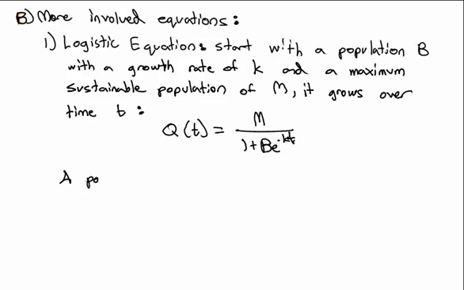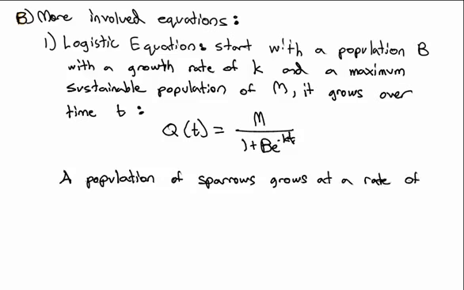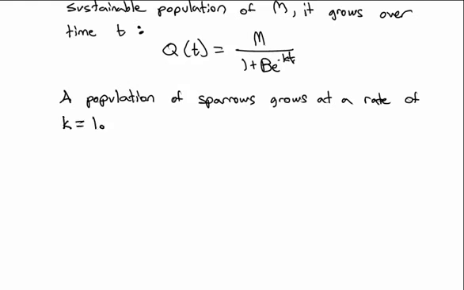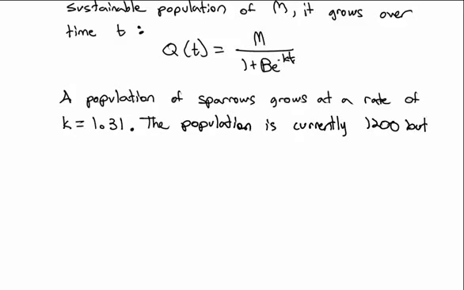So if a population of sparrows grows at a rate k equal to 1.31, and we're going to say the population is currently 1,200, but the system can support 2,400, twice that.